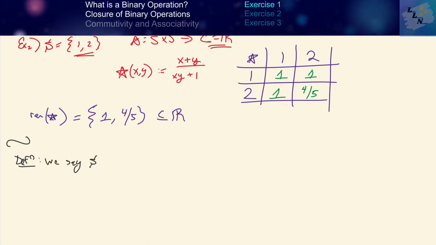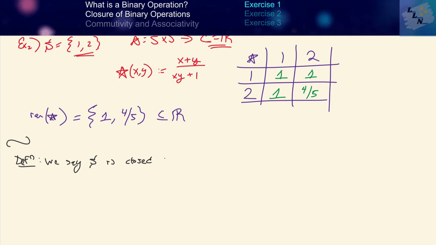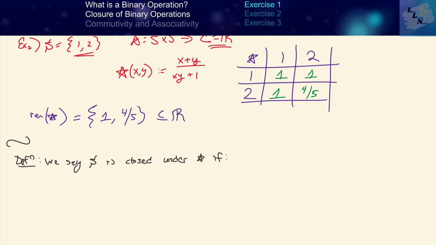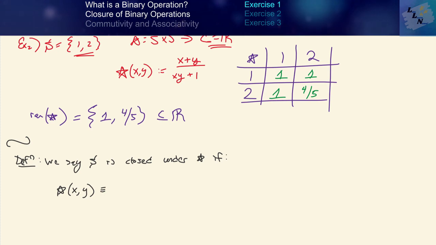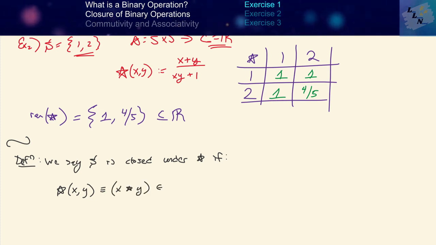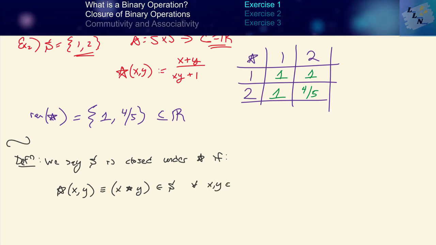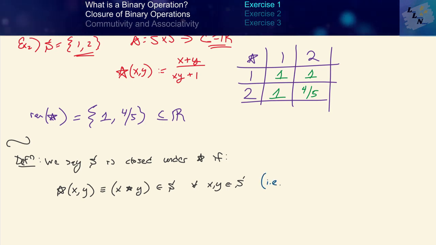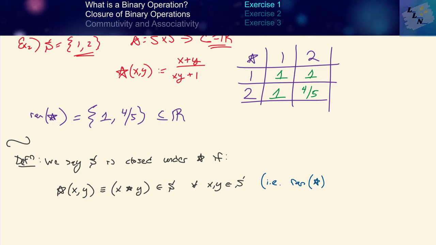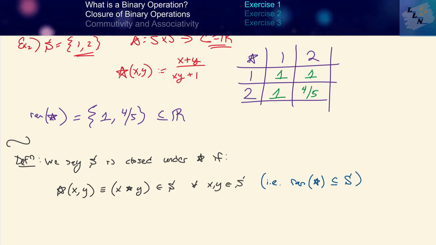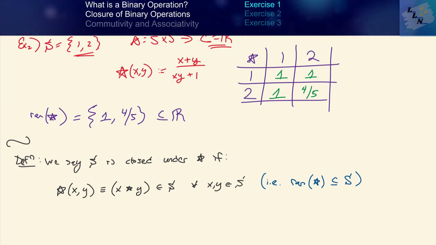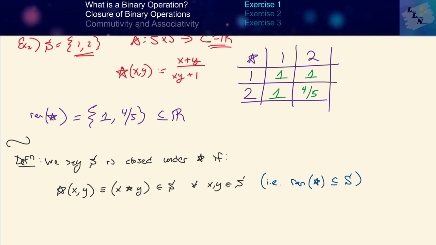So we say a set S is closed under this binary operation star if star(x, y), which is of course equivalent to writing x star y, is an element of S for every x, y in the set S. So in terms of the range and codomain, that means the range of this mapping star needs to be a subset of this particular set S. It doesn't need to be equal to S, but you cannot have values in the range of star that are not inside of S. So that's the requirement for S to be closed under star.